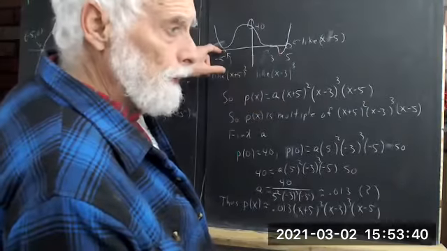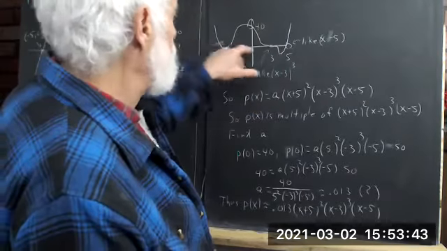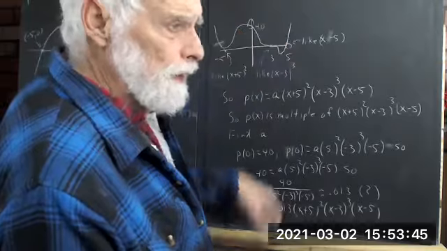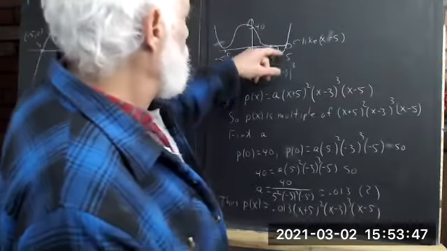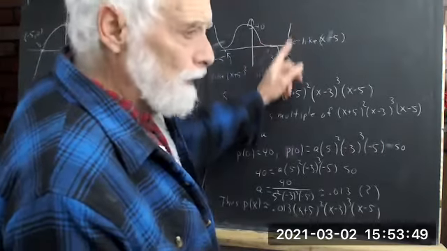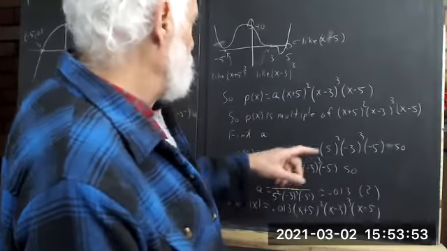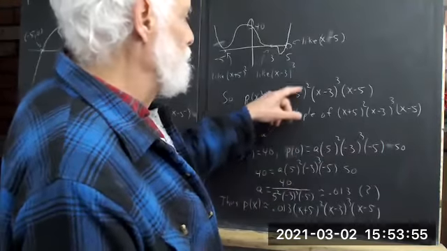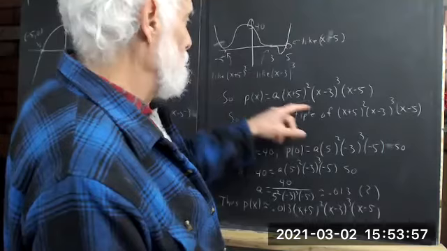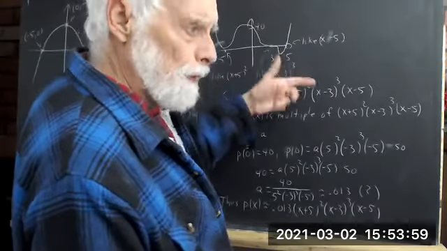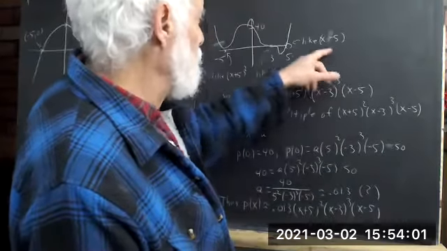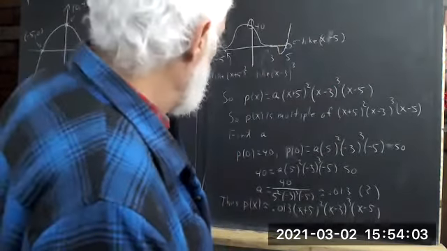So we go through this 0 as a parabola, through this 0 like a cubic function, and through this 0 like a linear function. That means that our polynomial is going to be some multiple of x plus 5 squared for the parabola, x minus 3 cubed for the cubic function, and x minus 5 for the linear.